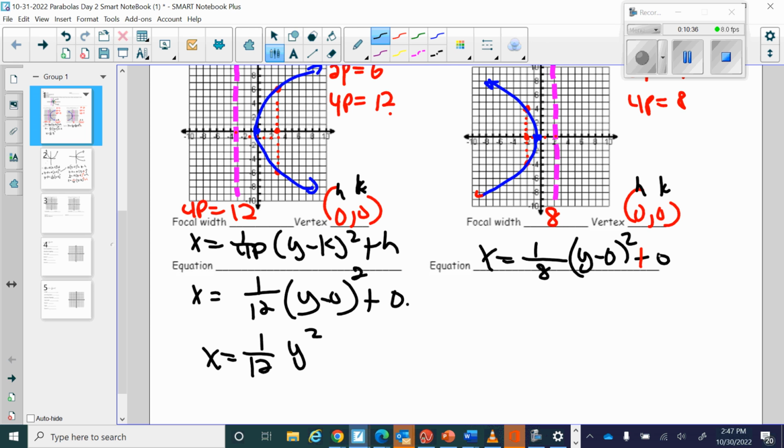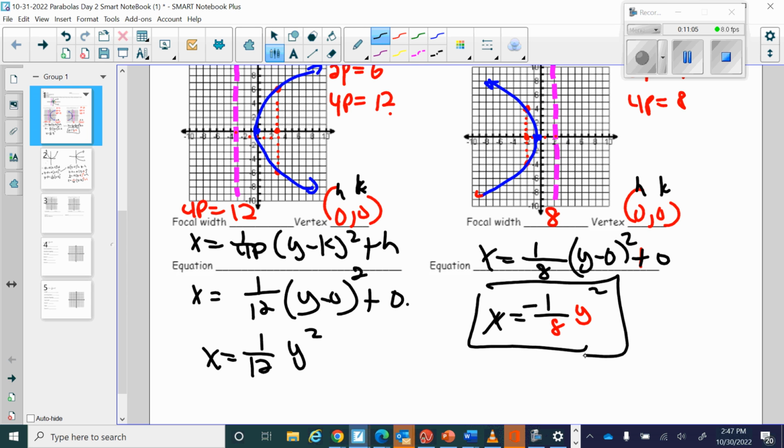So remember now, we don't write plus 0, and we don't write y minus 0, so this becomes x is equal to 1 over 8 y squared. All right. Good. Oh, one more thing now. The graph opens on the left side, so therefore my a value is going to be negative. Almost forgot a piece right there. So that's my answer. Good.